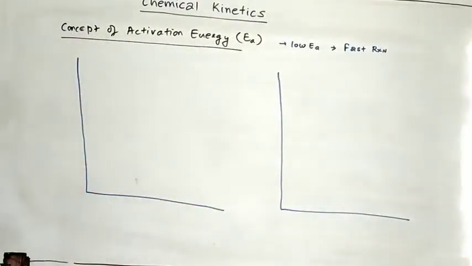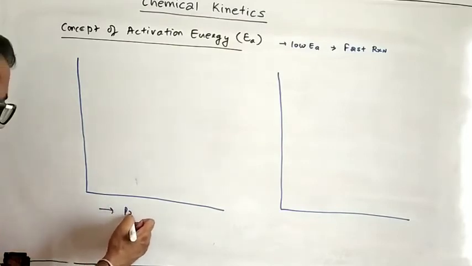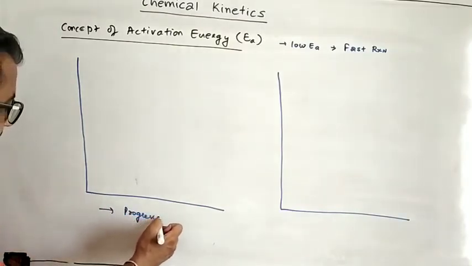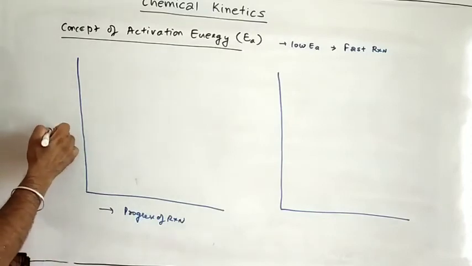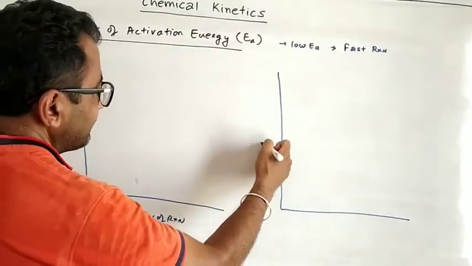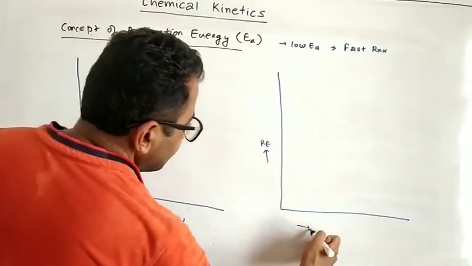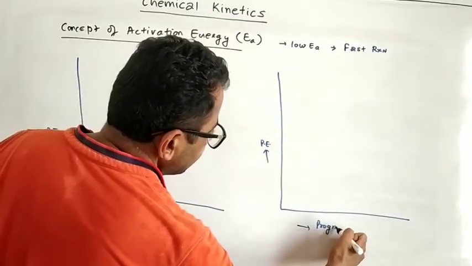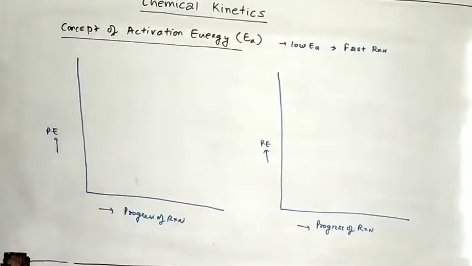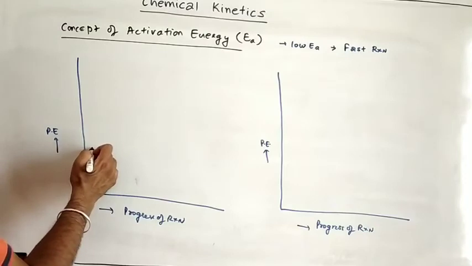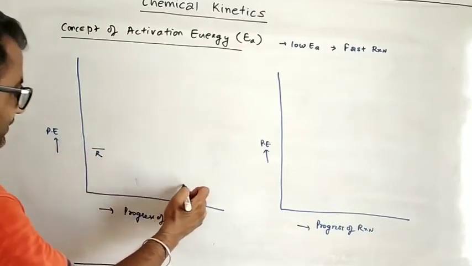Okay. So suppose we have in this side we have a progress of reaction. In this side we have energy, and we have a potential energy, we have a progress of reaction. Now how to make? Suppose reactant is here, product is here.